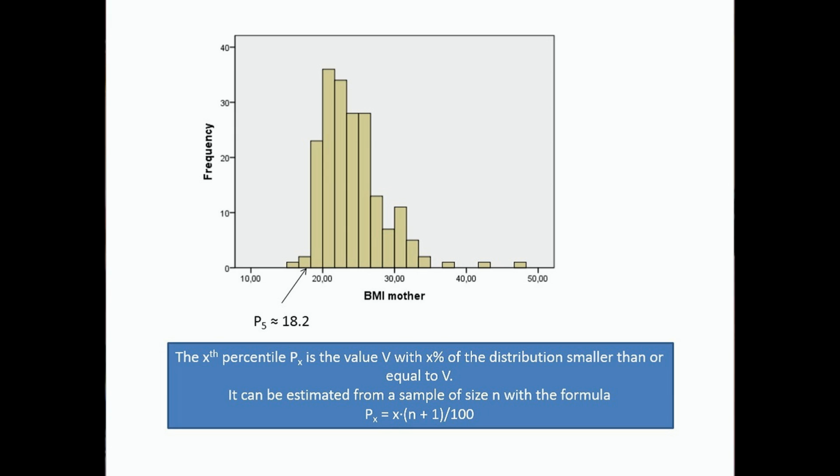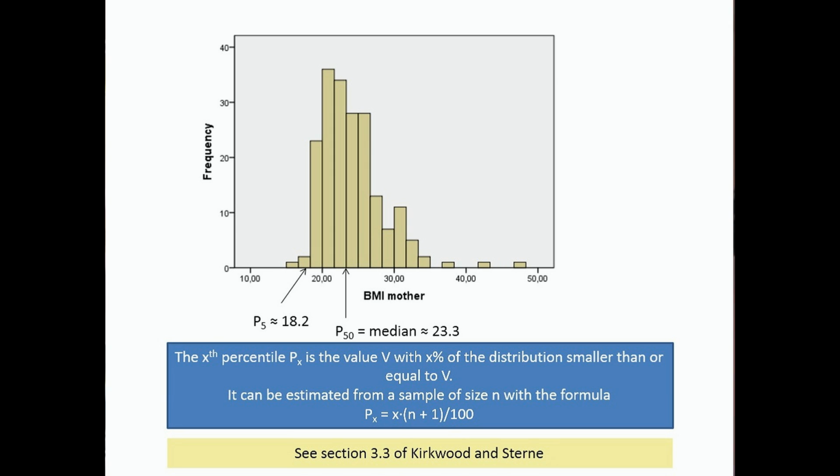In the case of the BMIs of the mothers, the p5 equals 18.2. Telling us that 5% of the mothers had a BMI smaller than or equal to 18.2. The median, the observation in the middle, is by definition equal to the p50. Here is the formula to calculate a percentile. More information can be found in section 3.3 of Kirkwood and Stern.